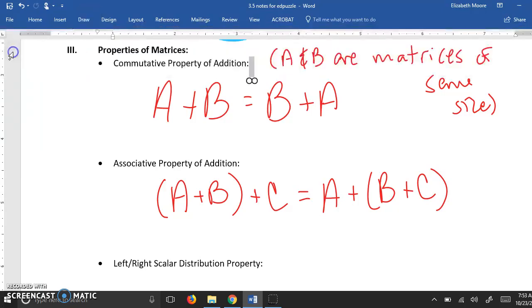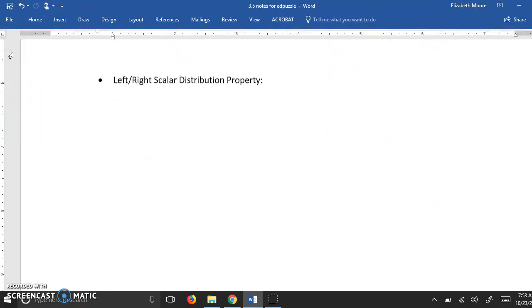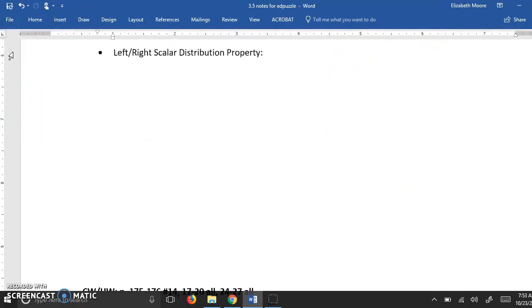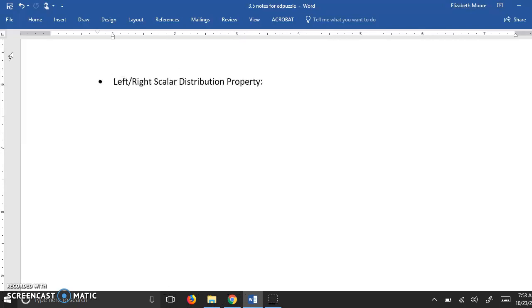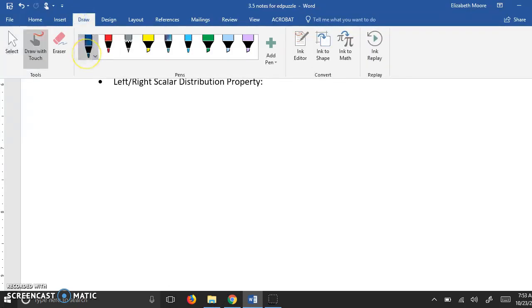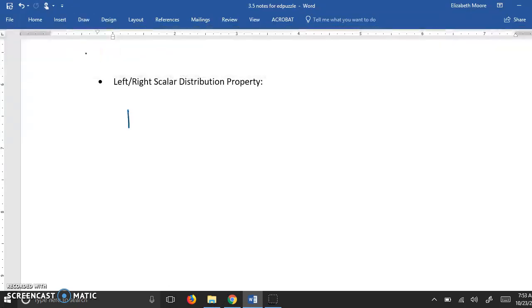And then our last property that we're going to look at is left and right scalar distribution property. So we have lowercase k as our scalar, which means it's a constant, it's a number, not a variable.